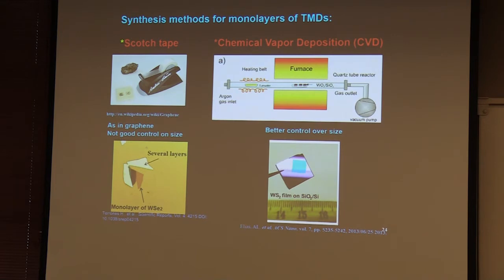And from this reaction, what you get is a small film. This is where you have your monolayer or a few layers. It all depends on how you have done it. With the Scotch tape method, you cannot control the number of layers and also the size.